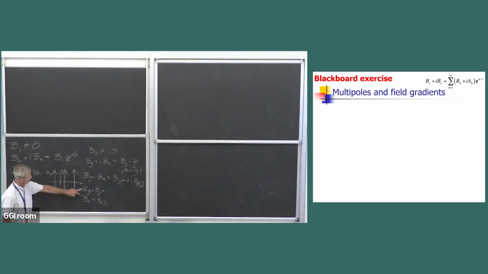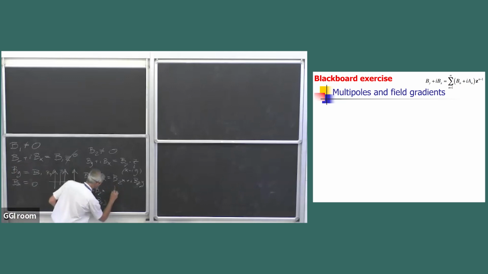So it means that we have a field which has a linearly growing y component as we move along the x-axis, and an x component which is growing linearly as we move along the y-axis.